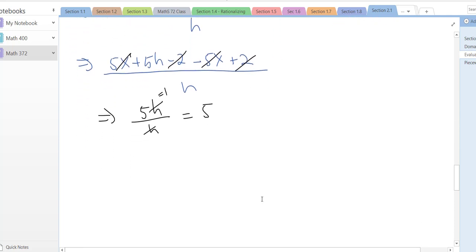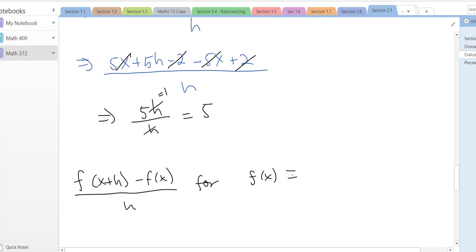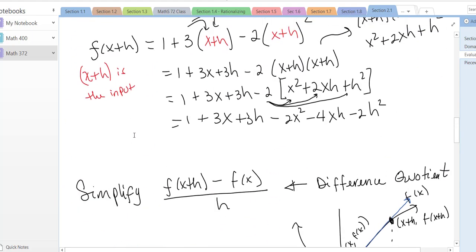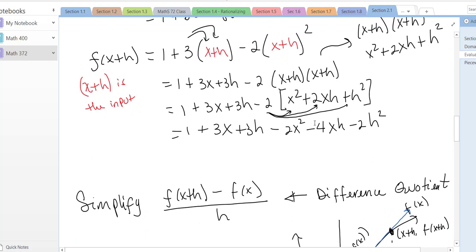Now for my other function, it becomes a little bit harder. For f of x plus h minus f of x over h, the function that we had, 1 plus 3x minus 2x squared, this is a little bit more involved. So let's go back up to the top and see what we had for f of x plus h. That was the one that we didn't quite simplify because there weren't any like terms.